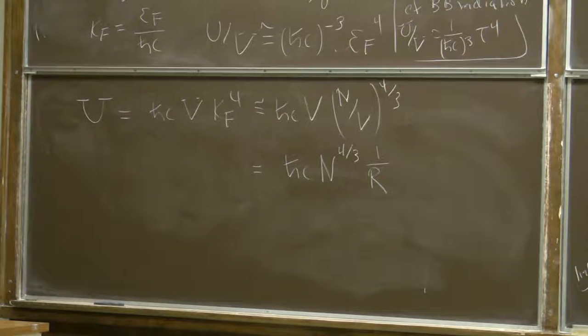Okay? So once the gas gets dense enough, the question becomes which contribution of order 1 over r wins: the gravitational potential energy, which is negative, or the kinetic energy, which is positive. And that will determine whether the star is stable or not. If the gravitational potential energy wins, it'll want to collapse and go to smaller r. If the kinetic energy wins, it won't.